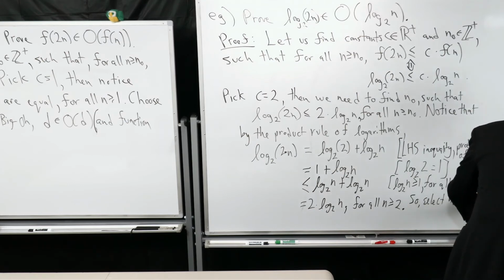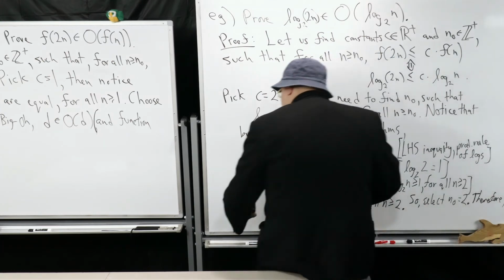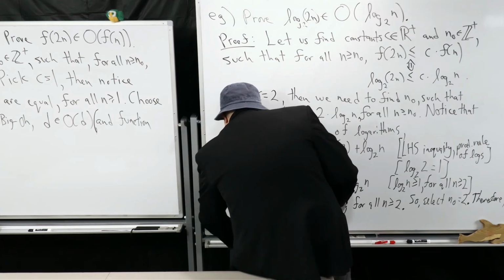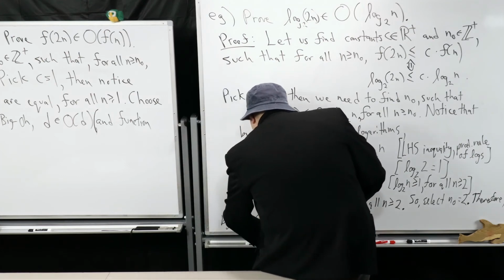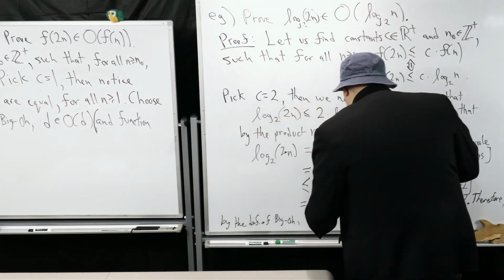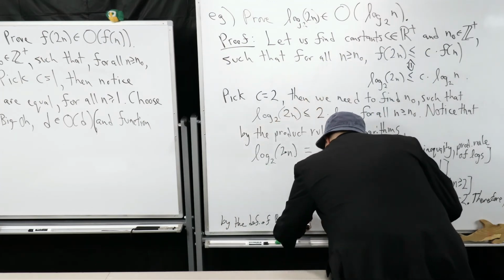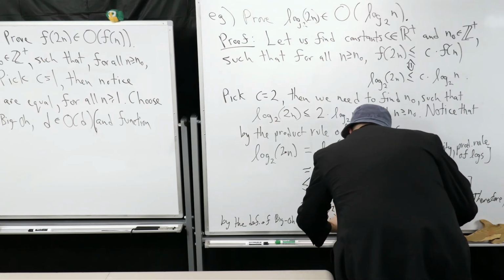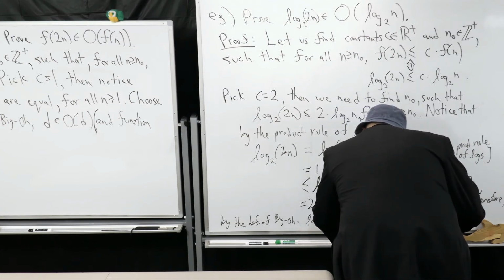Therefore, by the definition of big O, log base 2 of 2n is big O of log base 2 of n.